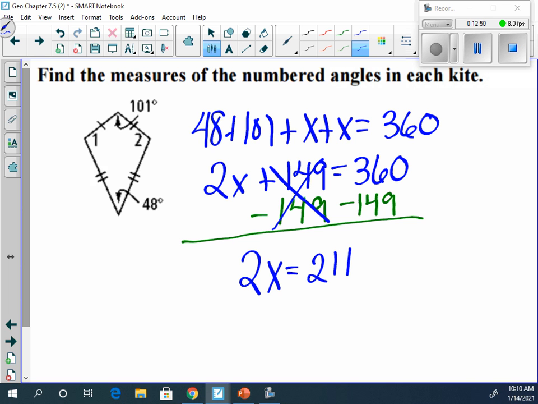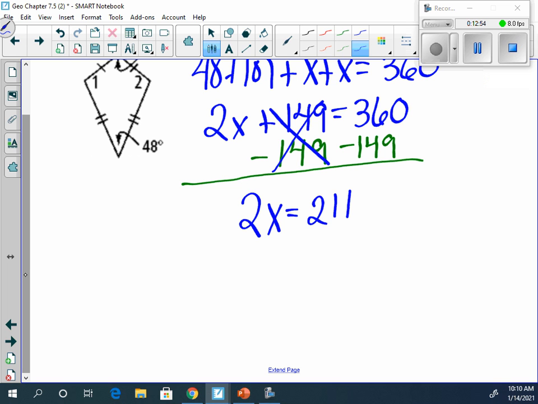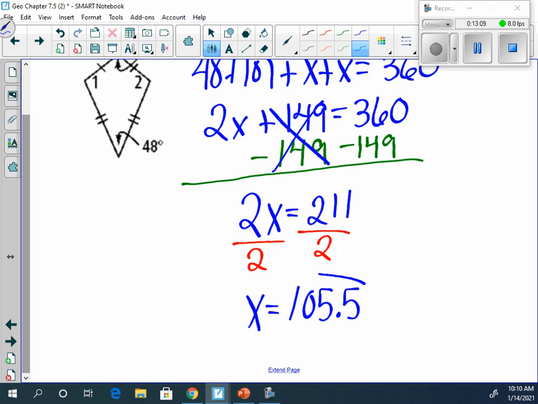And that's fine. Even though this doesn't divide evenly, we'll have to divide it by 2, so the measure of angle 1 and 2 is both 105.5.